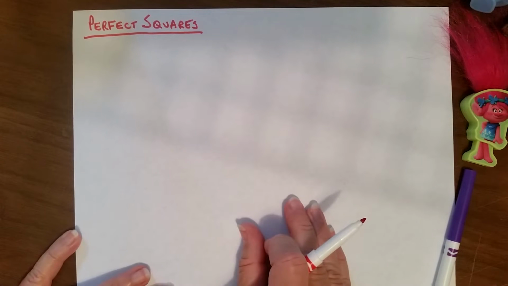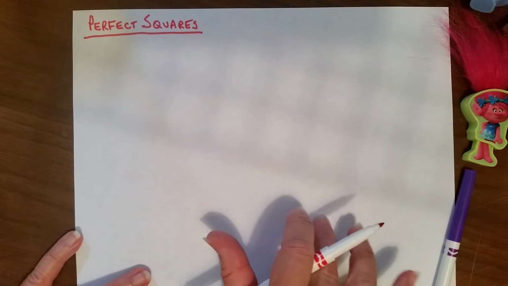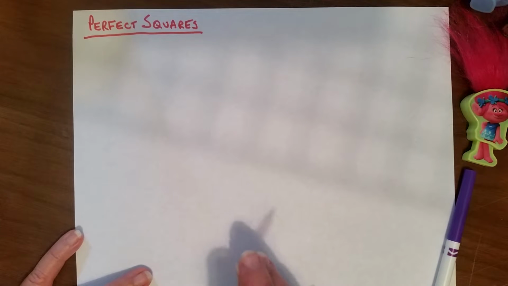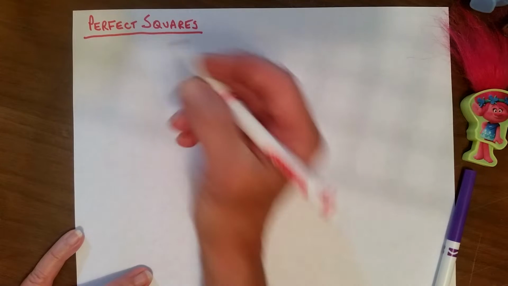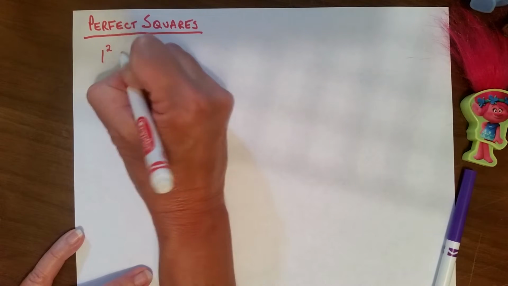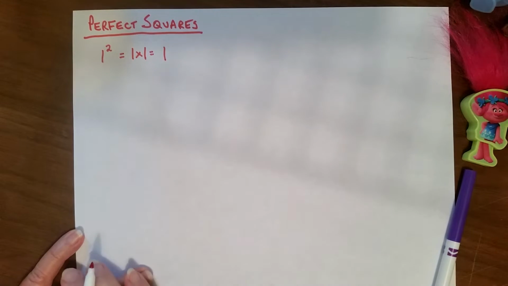Perfect squares are what you get when you take an integer starting with 1. So our counting numbers 1, 2, 3, 4, 5, and so on. Perfect squares are what you get when you take a number and times it by itself. So you write it like this, 1 squared. That means 1 times 1. Well, 1 times 1 is 1.